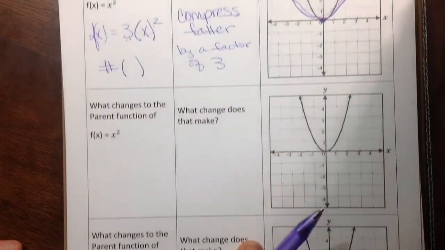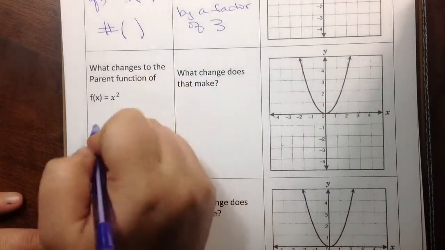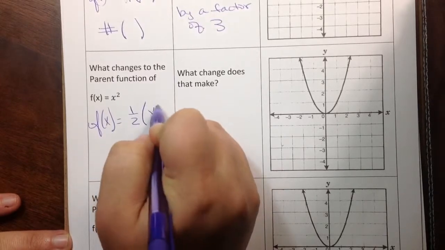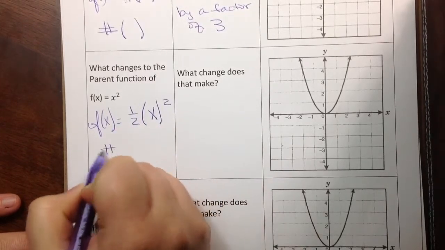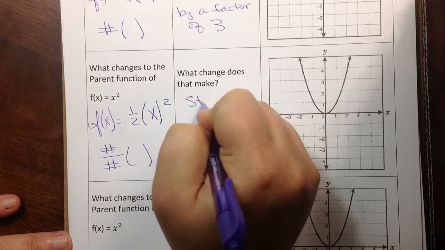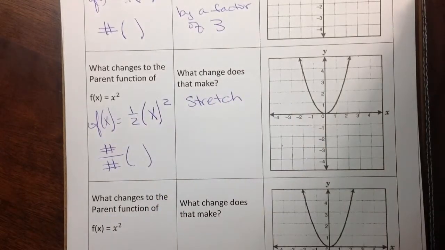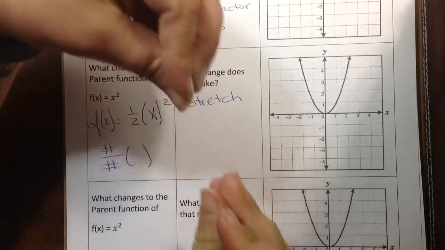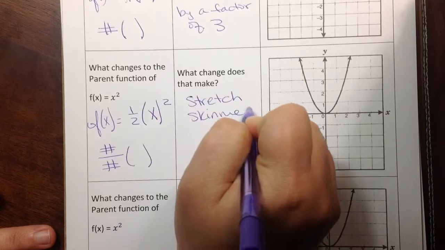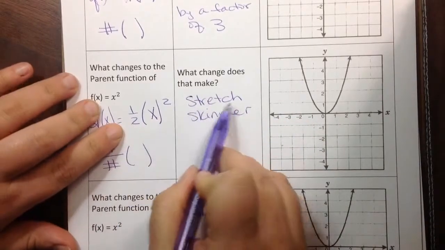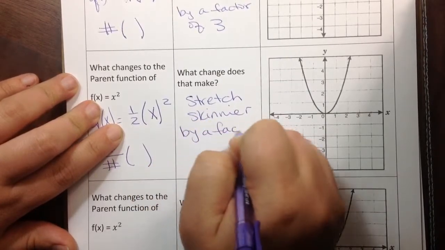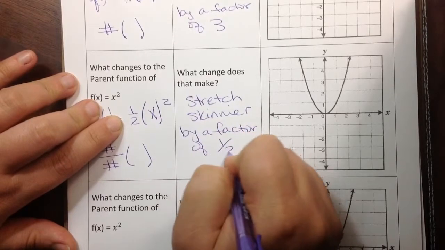All right. So now let's talk about if there's a number in the front that's not a whole number. Let's say I have a fraction in the front. So when I have a fraction in the front of parentheses, we're not going to compress. We're actually going to stretch. We're going to make it skinnier. It's like when you take something and you pull it apart, it gets skinnier. Okay? So in this case, we're stretching, making skinnier, by a factor of 1/2.